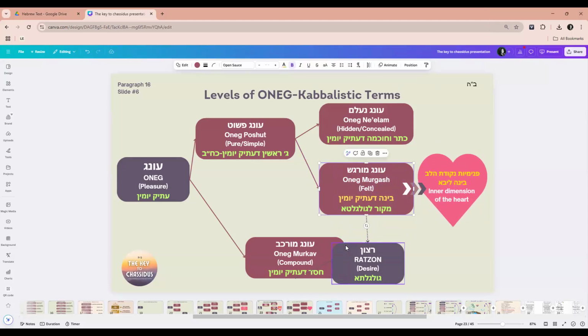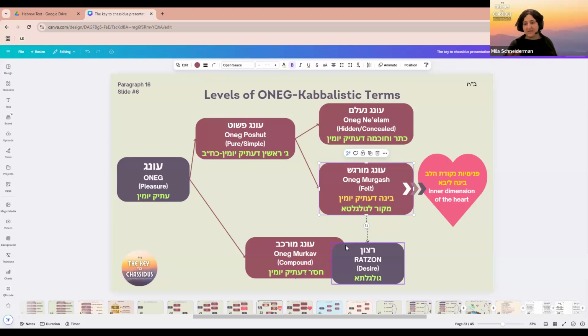So does Oneg Murgash always have Bina Liba? Are they always together? It's the same thing. How you're going to say is Bina of Atik is Oneg Murgash. Yes, it is. Bina Liba is Atik of Atik Yomin. Bina of Atik Yomin is Makor Legulgalta. It's Oneg Murgash, Bina Liba, Pnimius Nekudas Halev.